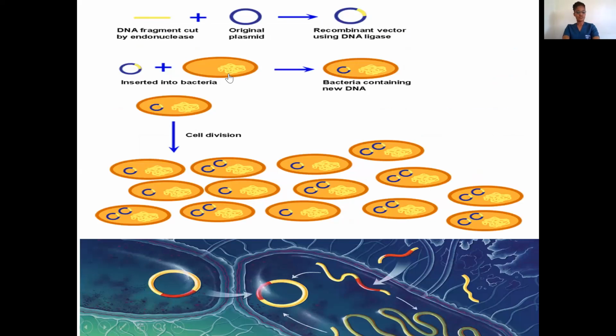And the reason we are doing this is because a bacterial cell is able to undergo cell division, and in a few days we are able to have a lot of bacterial cells harboring our gene of interest.